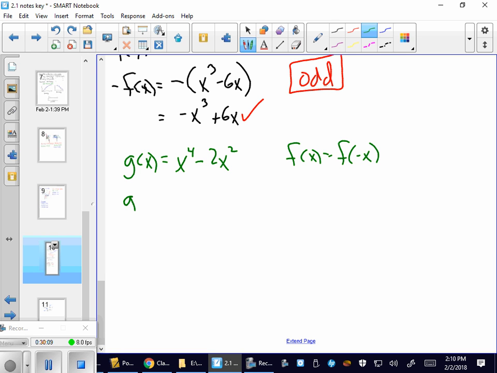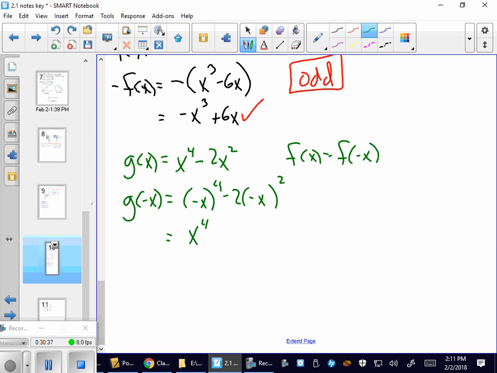So g of negative x, again, is replacing the x's with negative x. So let's put in the parentheses a negative x, and then simplify. Negative x to the fourth power is negative x times negative x times negative x times negative x, which should give you a positive x to the fourth.